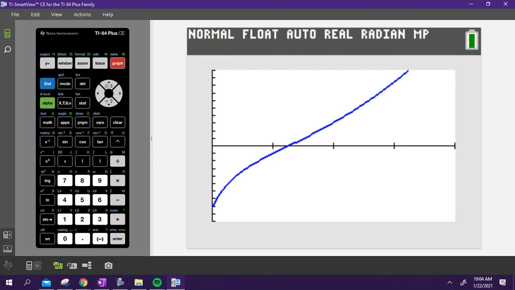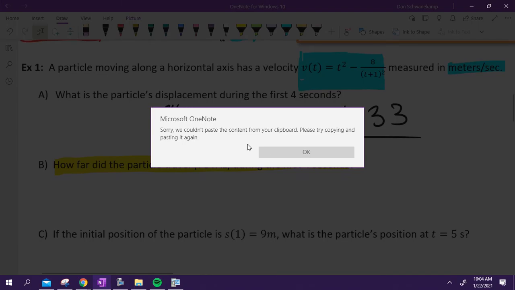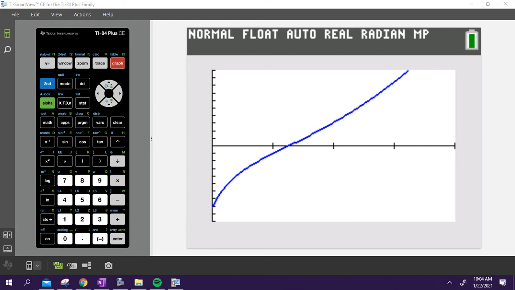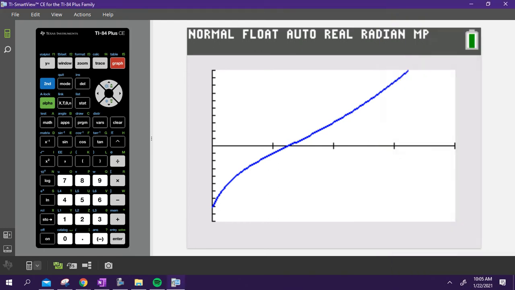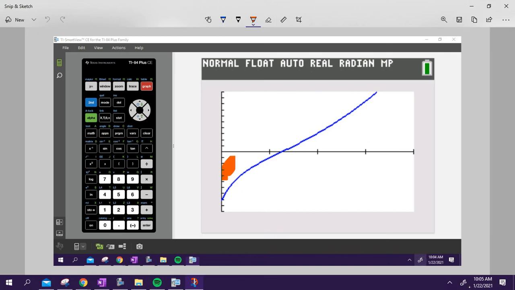We found the area under the curve. If I found the area under the curve here, it would take this value right here, and it would take all of this, right? This would be positive, this would be negative, and so that's where I got 14 from.